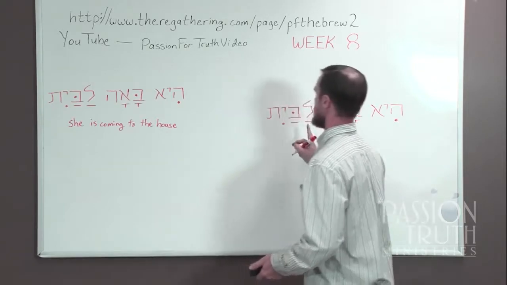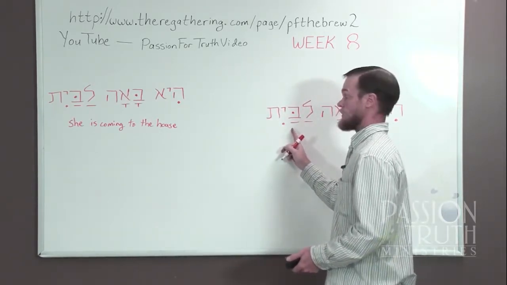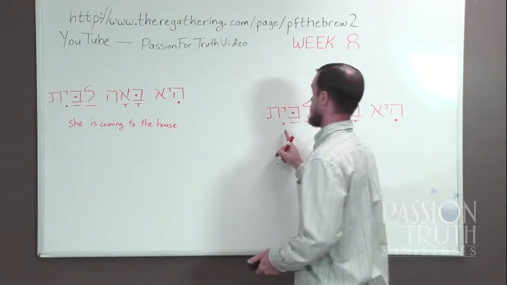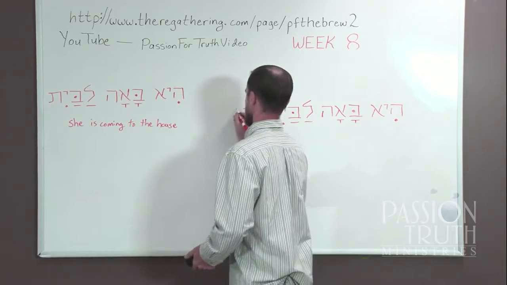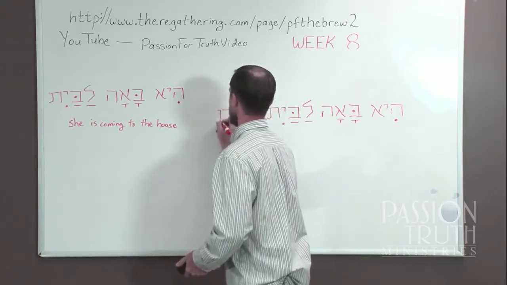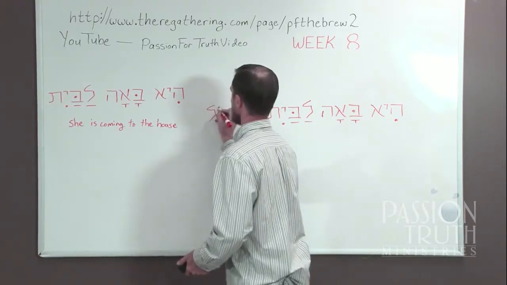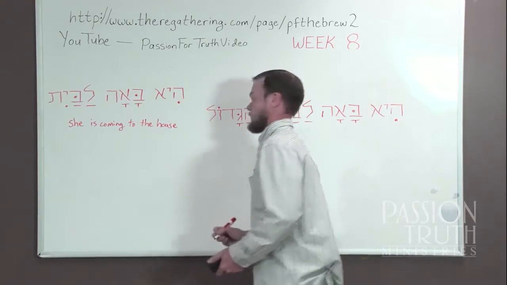However, we do need to remember this is a definite article in front of house. She's coming to the house, to the big house, so we have to put the definite article in front of the adjective as well. So he ba'a babayit hagadol. She is coming to the big house.